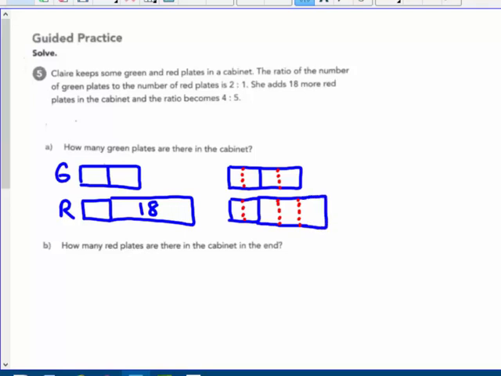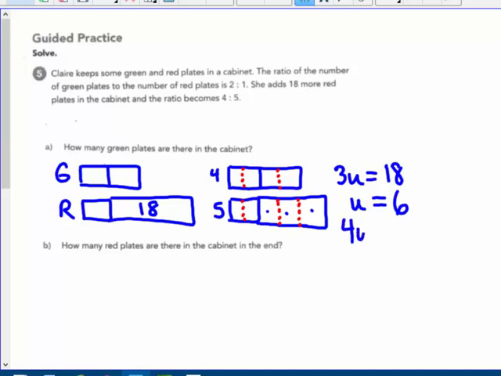So now I have a 4 to 5 ratio. So what's the difference here is those 3 parts that I added on, right? 1, 2, 3. I added those 3 parts on, so 3 units was 18. One of them must be 6. How many green plates are there in the cabinet? Well, there's 4 units of green plates.